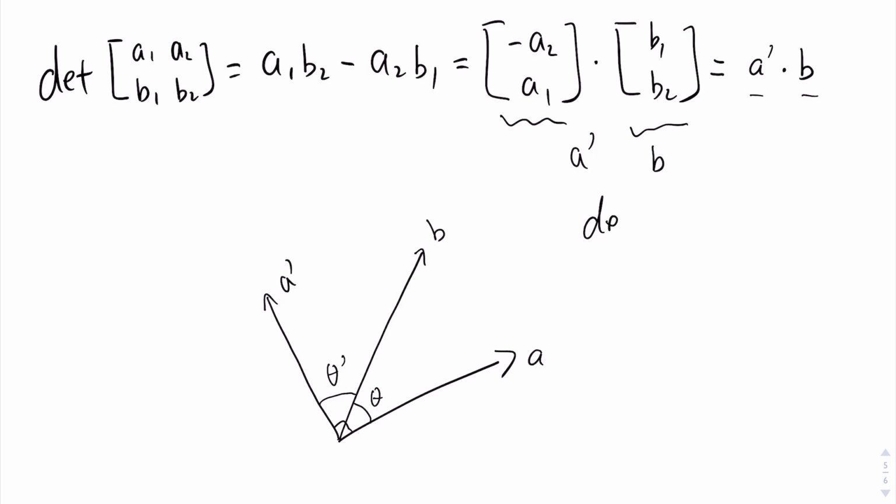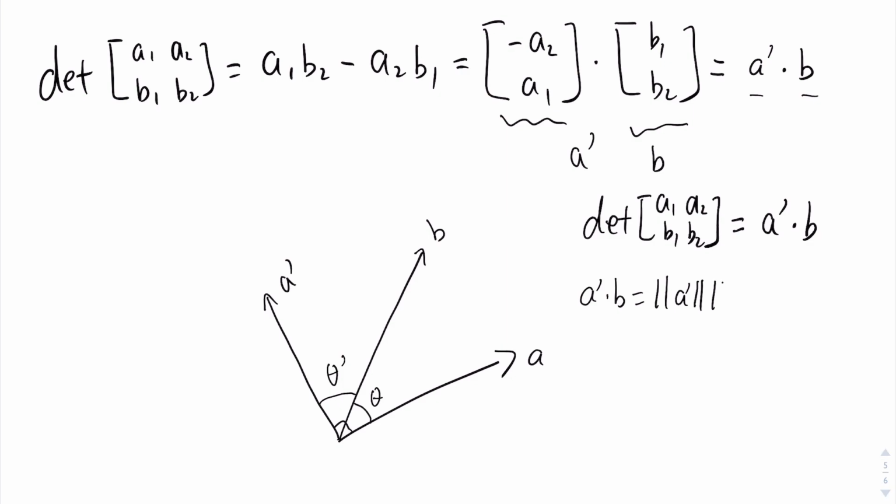The determinant of a1, a2, b1, b2 is the dot product of A prime and B. Now we know the dot product of A prime and B is just the norm of A prime times the norm of B times cosine of theta prime.